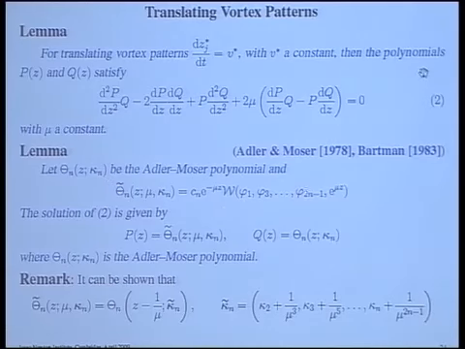You take the same phi's that I had before, and on the last column of the Wronskian you put e to the mu z. Then you have to put an e to the mu z out the front to generate a polynomial. The solution of equation 2 is that q is the Adler-Moser polynomial, and p is just this modified Adler-Moser polynomial. This is another way of showing the relationship between the theta n and the theta n tilde. So it really is just a modification of it.